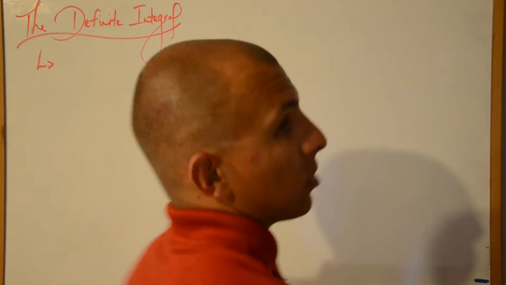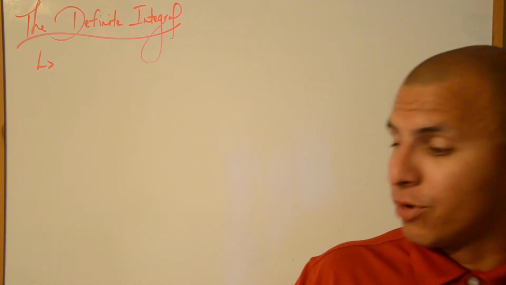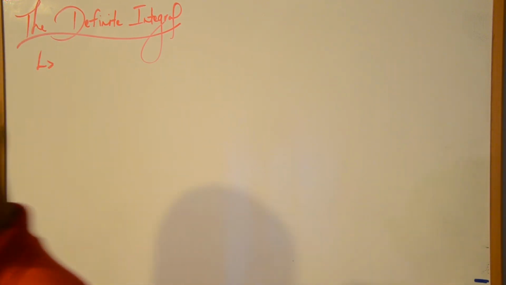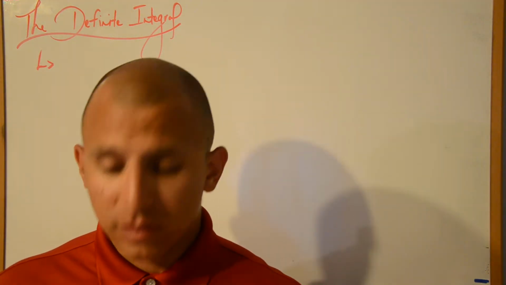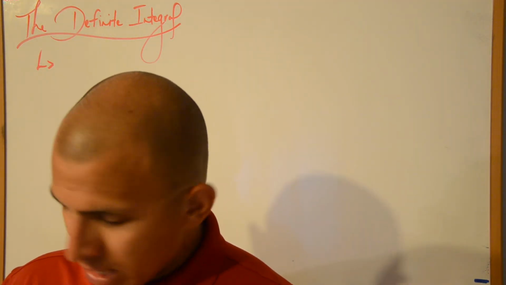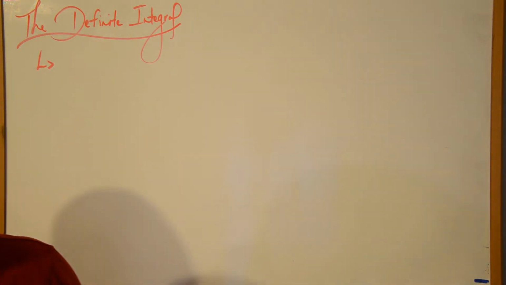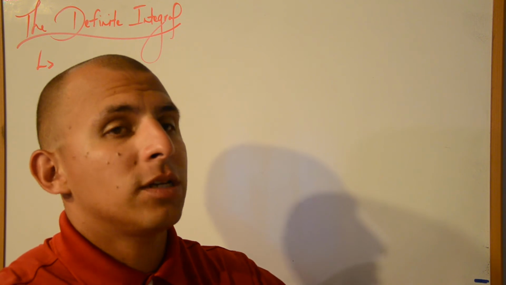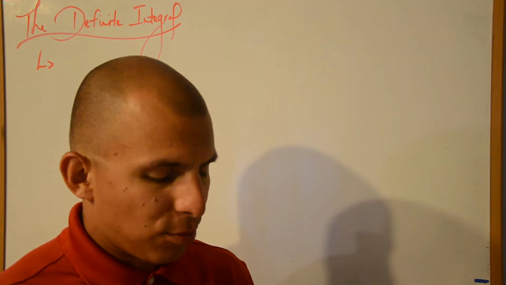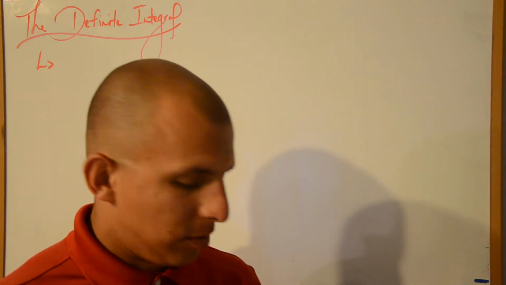Alright, so in the previous video, we spoke at great length about this process of finding what an antiderivative was, using this new symbol for the first time in your mathematical careers known as an integral, but we didn't really speak at any point about what the heck that actually means.